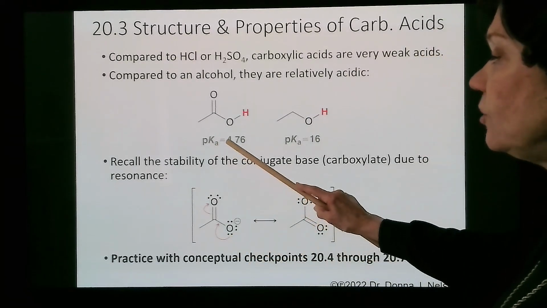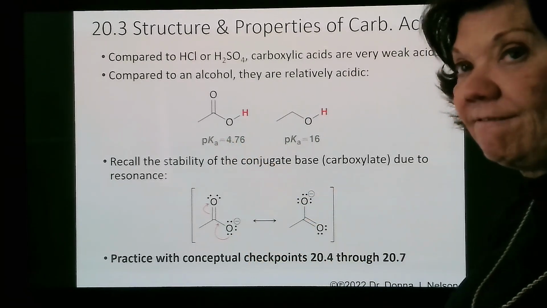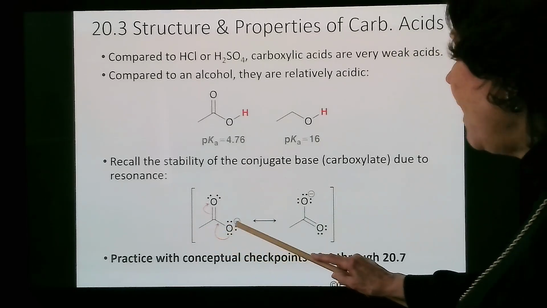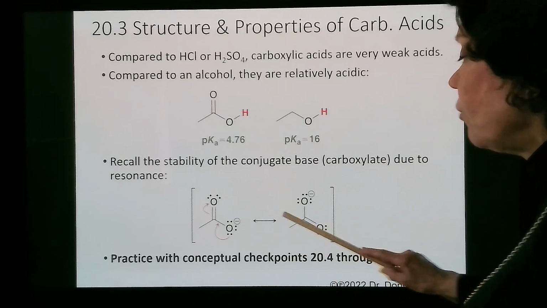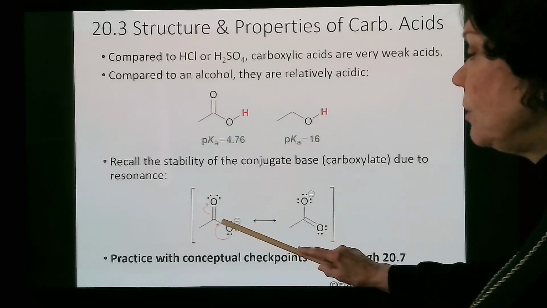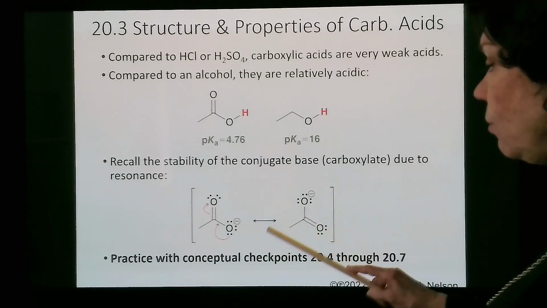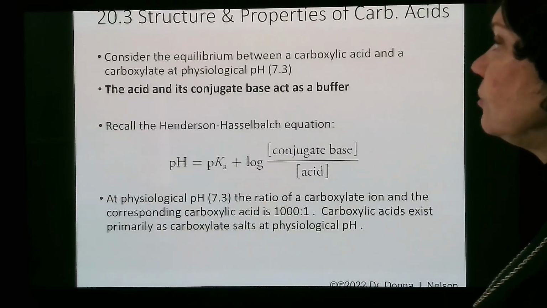The reason that it is so acidic for an organic compound is because there are resonance structures. These bases are resonance stabilized. So you will easily recognize that.